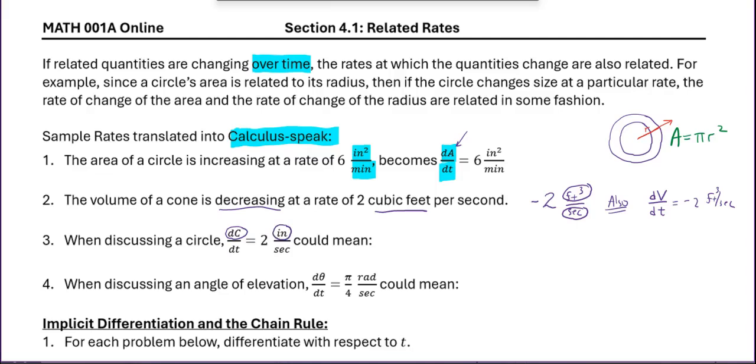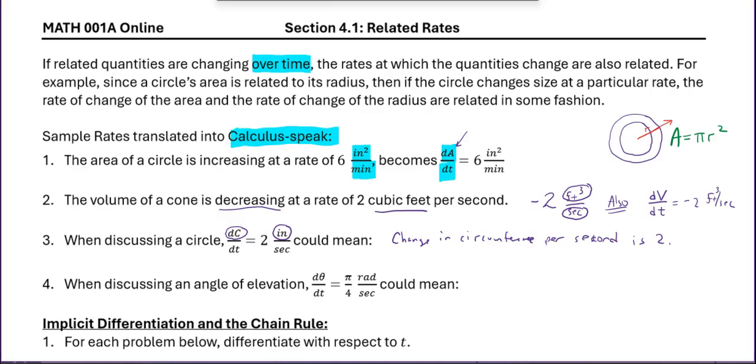So it's likely to mean that dC dt equals 2 means the change in circumference per second is 2. All right, number 4.